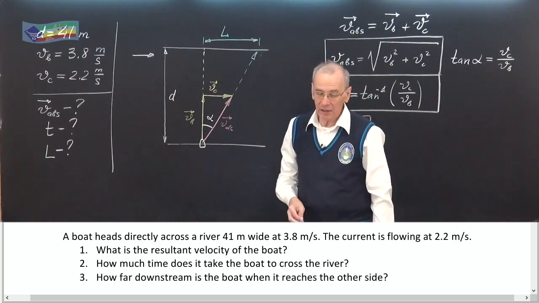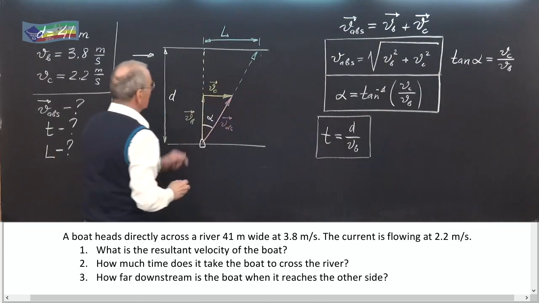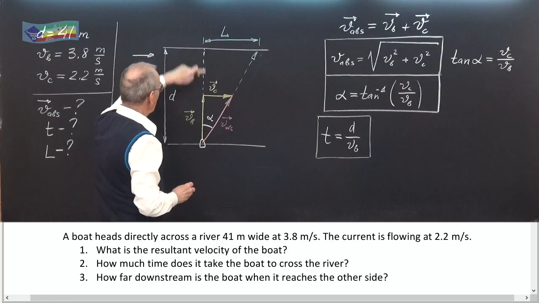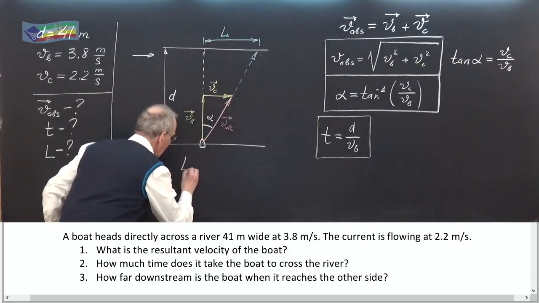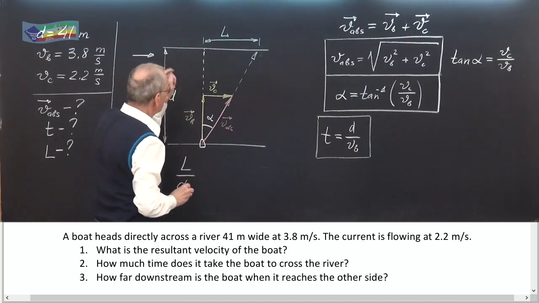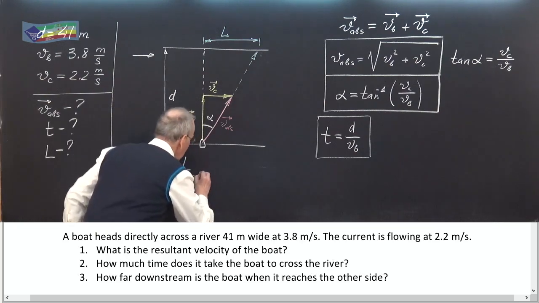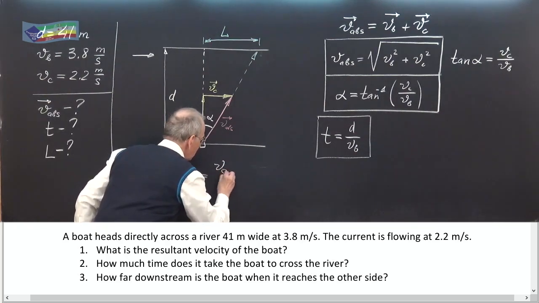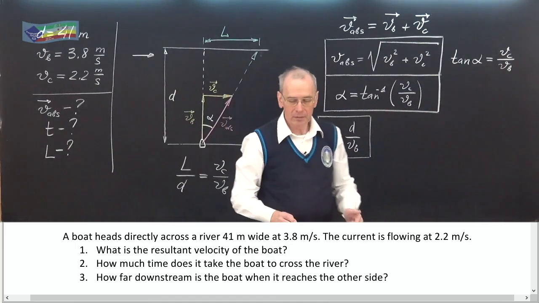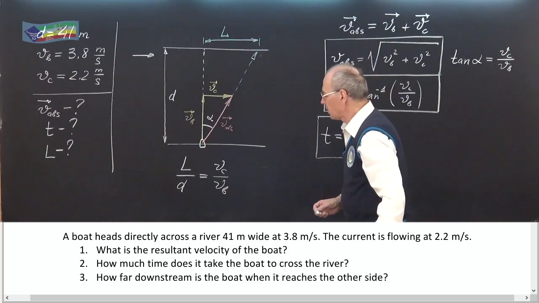So we can write down this equation: L over D equals VC over VB, the corresponding sides of two similar triangles.